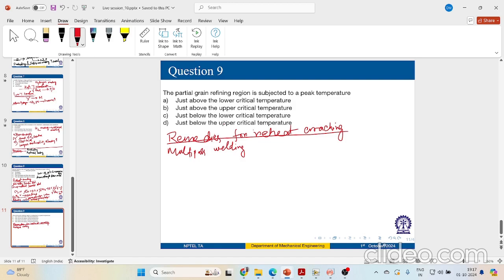Then there is this cracking called lamellar tearing. What are the causes of lamellar tearing? In brief, it is the combination of high localized stress due to weld contraction and low ductility of the base metal in the through thickness direction, right?